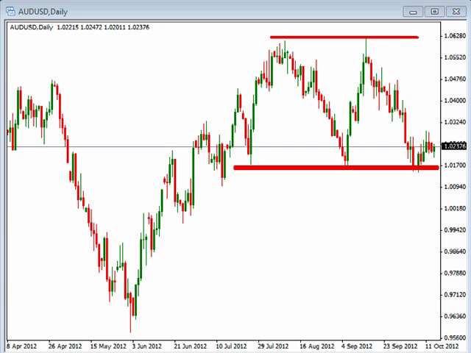Because we're sitting at support, there's two things we're going to look for. If this starts to bounce and move back up, we're going to have some opportunities to go long. If it breaks below here, we're going to have some opportunities to go short. So we're going to keep an eye on this support level as the key area for whether we're going to be looking to go long or short at this time.